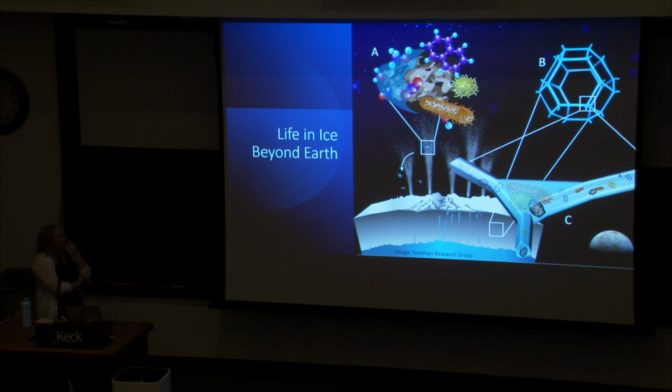So understanding how life survives in extreme icy environments is important, but obviously can also help in our search for life beyond this. We were hypothesizing that life can exist in these interstitial veins, similar to what I showed you with Bryce's cage here.